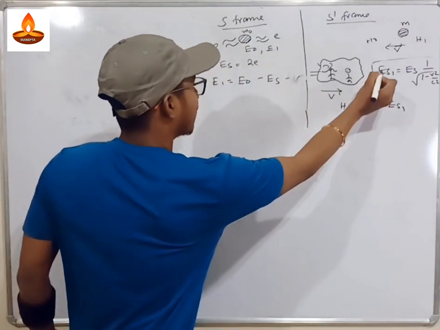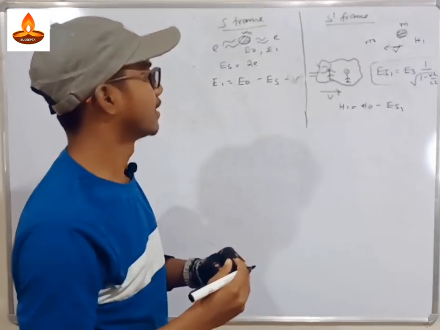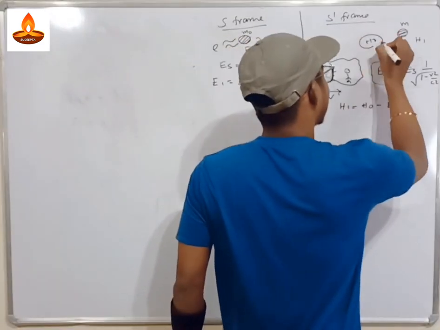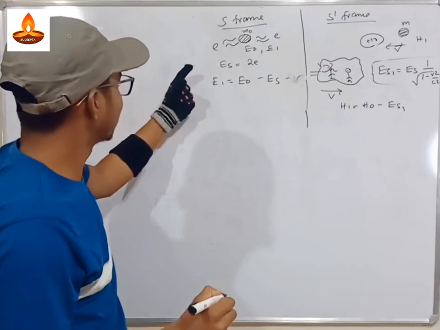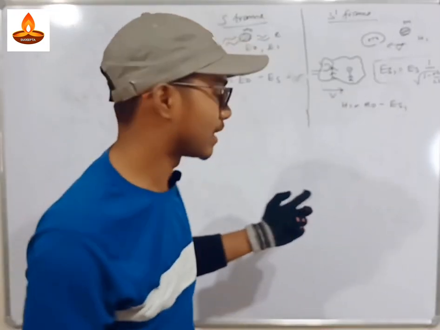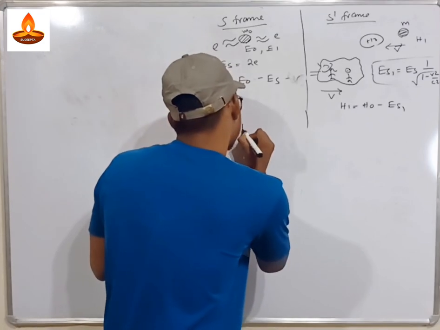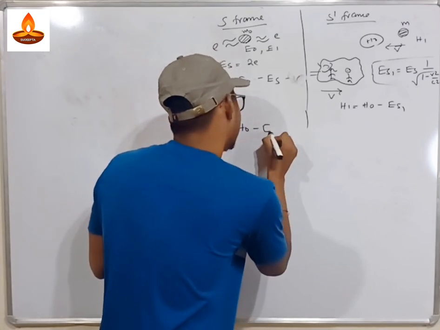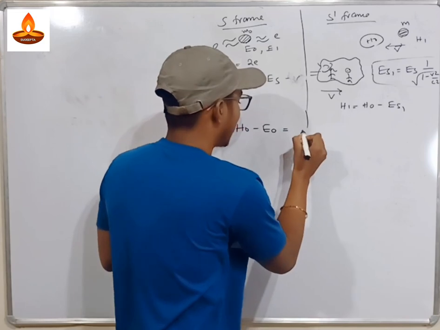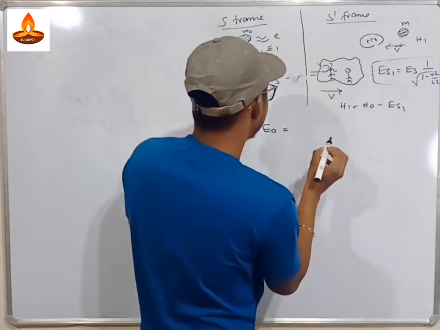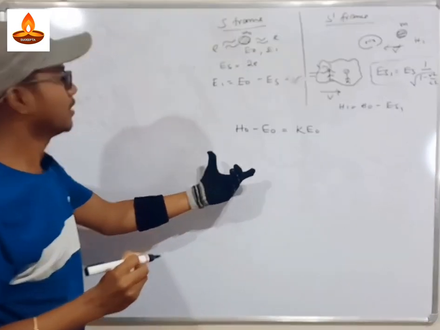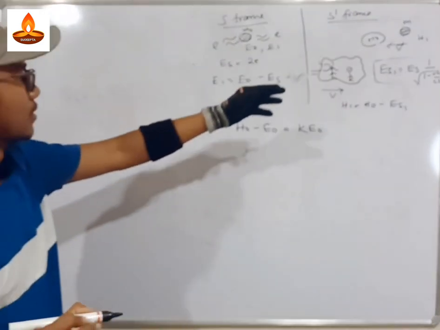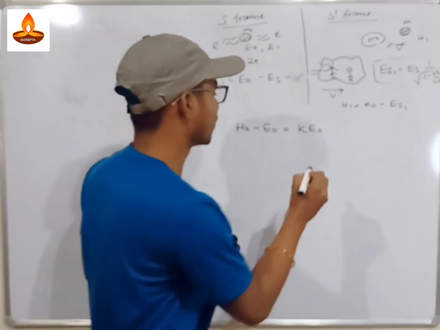H naught minus E naught: H naught means energy before emission in the S dash frame, and E naught energy before emission in the S frame. So H naught minus E naught is equal to the kinetic energy before emission plus a constant.